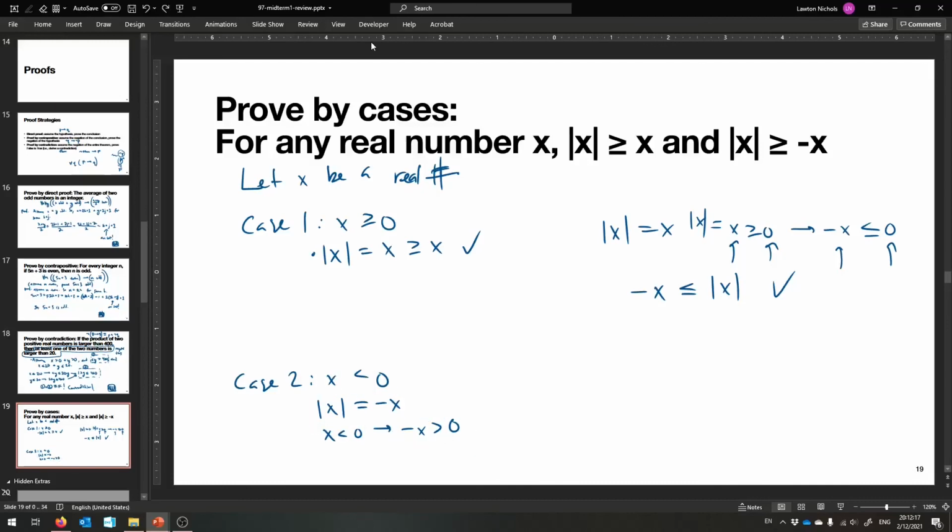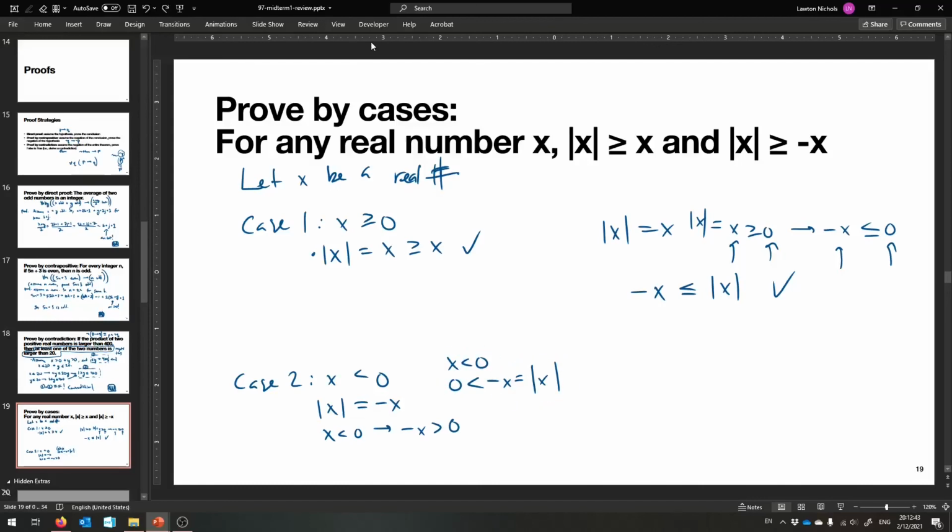I hope you see it. I'm chaining them. Let me spell it out. So we have x less than 0, then we have 0 is less than negative x, which is equal to the absolute value of x in this case, because we have to negate it when it's negative. So x is less than 0, but 0 is less than this.